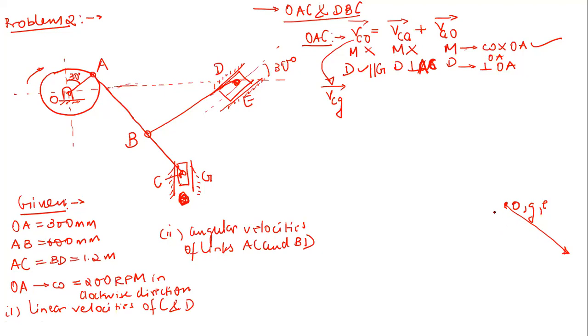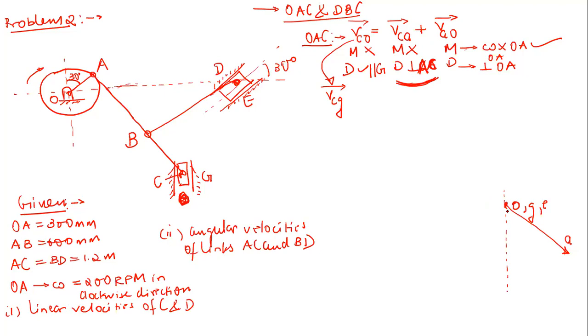Now from G, draw a line which is parallel to this. So this VCG vector I drew, from this point G or O, is a line parallel to this capital G. Now what about the one perpendicular to AC?